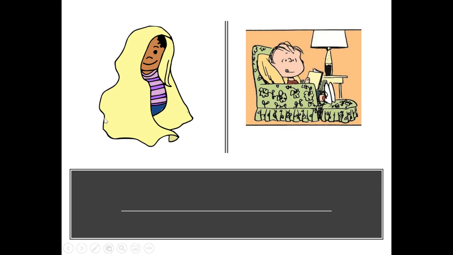Well, I noticed that this boy's comfy in his blanket, and I noticed that Linus from Snoopy is very comfortable reading a book. So, how are these two pictures the same or similar? They both, well, I would say they both look comfy or cozy or comfortable.